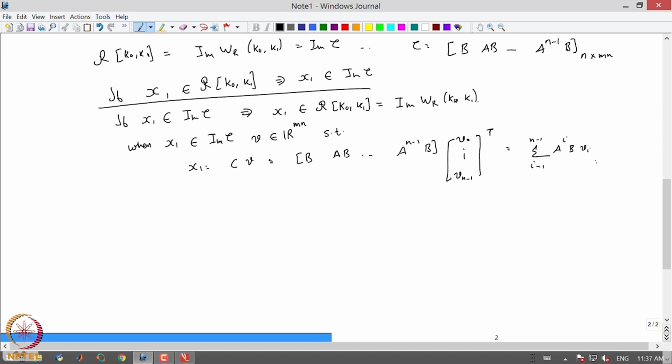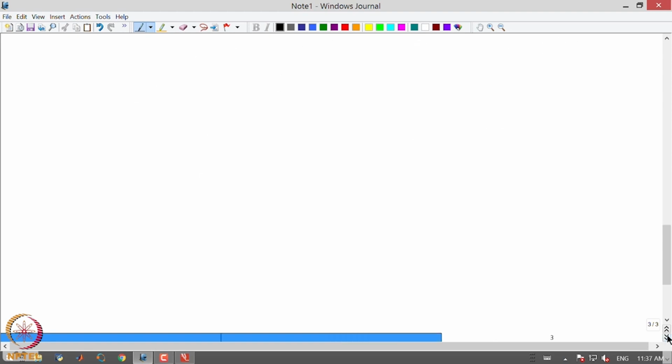Okay. How do we understand this? So, whenever we talk of discrete time systems, we talk of the n step control. What does it mean by the n step control?